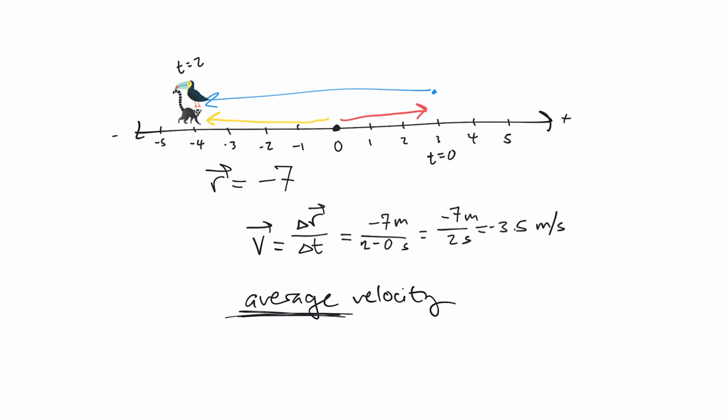Even though the toucan and the lemur had different velocities in between, their average velocity was the same. So the new thing that we're going to be learning about velocity that is specific to AP Physics C, or calculus-based physics, is instantaneous velocity.